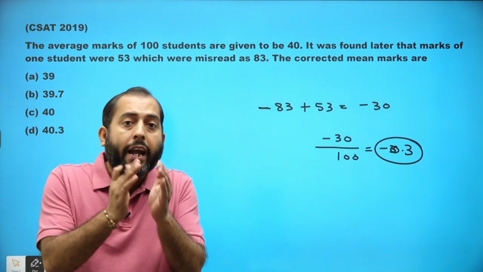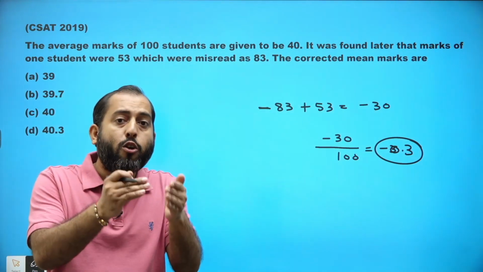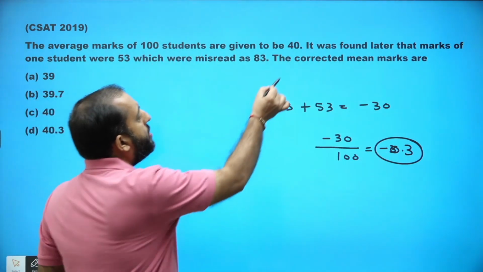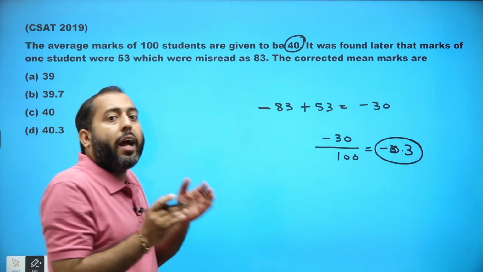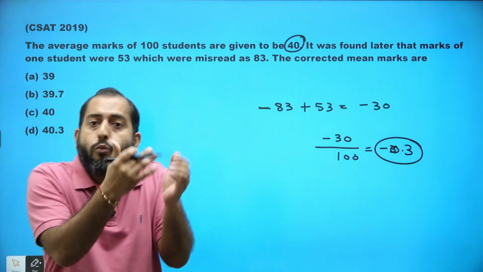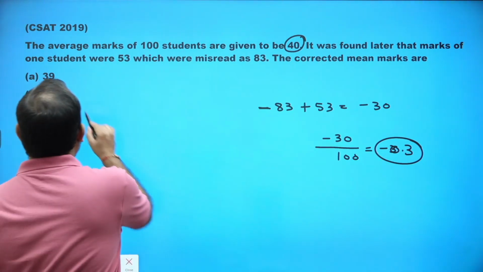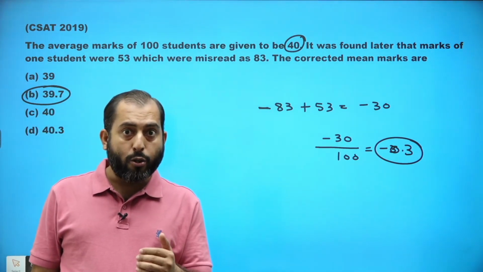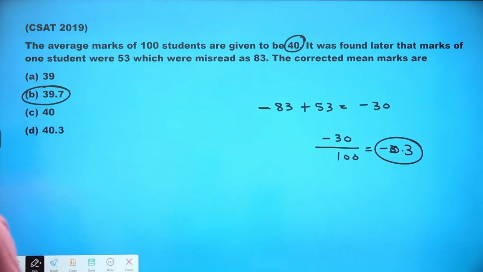So your right average should be 0.3 less. What is the average initially? 40. So the right average should be 0.3 less. Negative sign is present. So 40 minus 0.3 is 39.7. I hope guys this is clear to you. Kindly make a note of it.